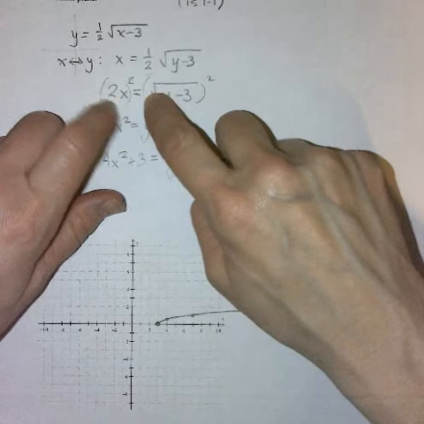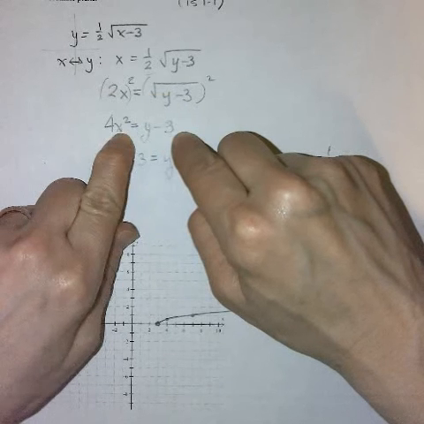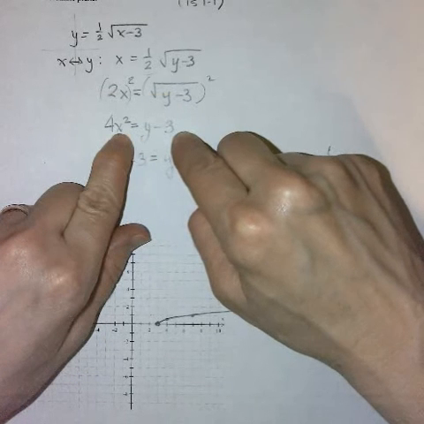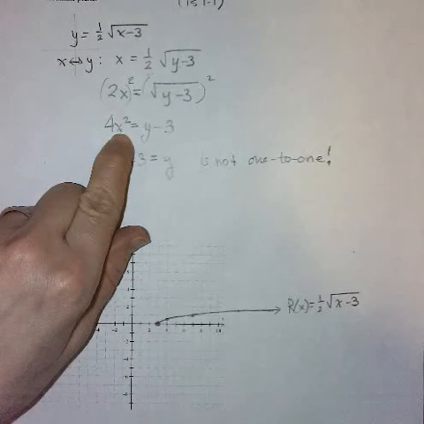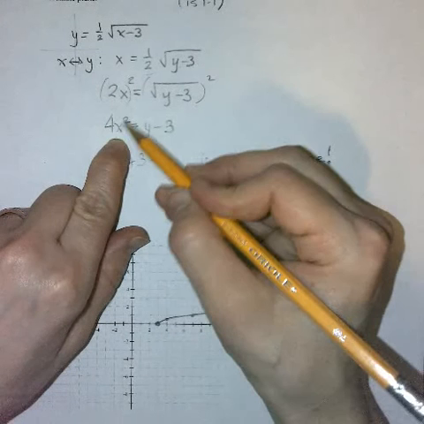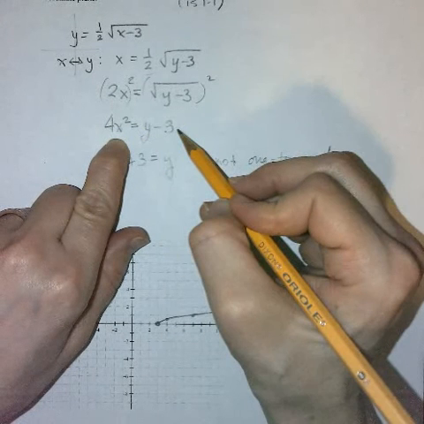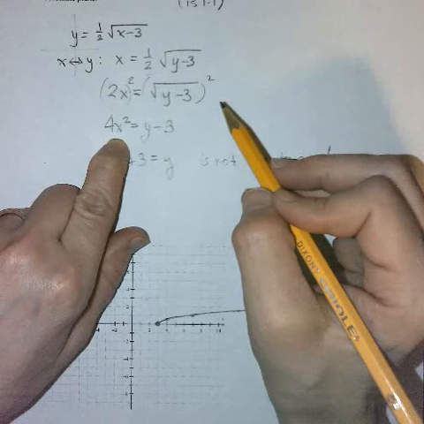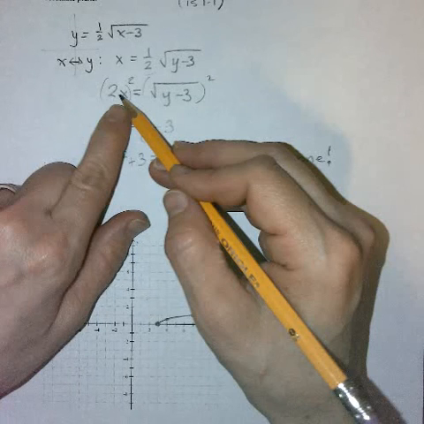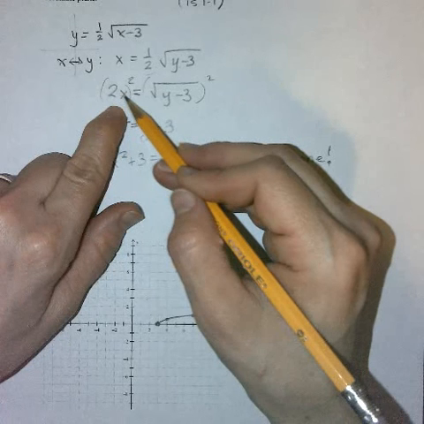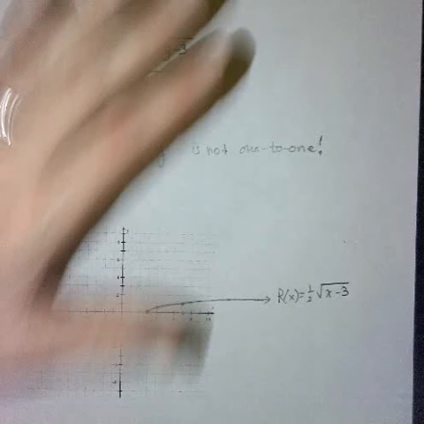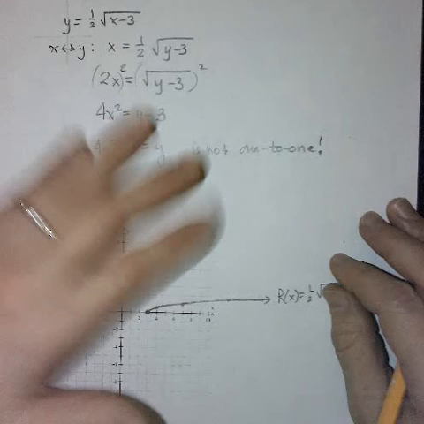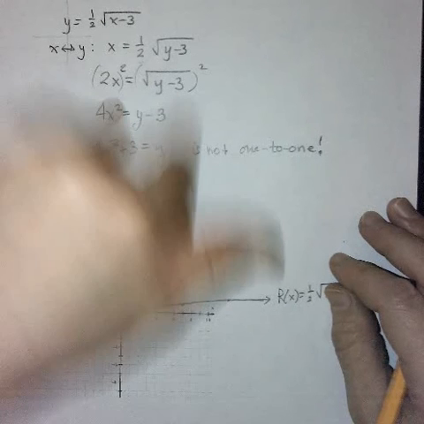Like if x is -1, for example, you've got 4 is y minus 3, and so y would have a solution. But up here, when x is -1, there's no solution. And so we get more values that work in place of x for the result than we do with the original equation. Well, let's look at the graph.